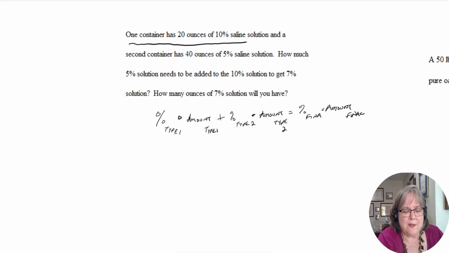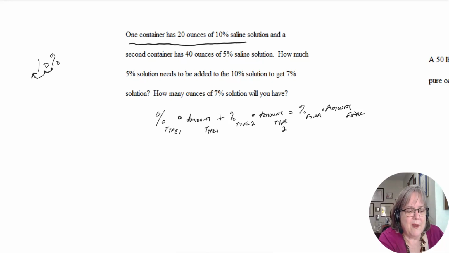Okay, so what's my type 1? I have 10%. Now, how do we put percents in problems? When you put them in a problem, you don't use the percent sign. You want a decimal. So to change a percentage to a decimal, you move away from the percent sign 2 decimal places.